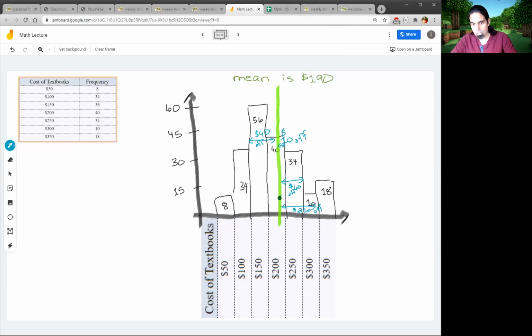The 350s, they're off by 260. The 100s are off by 90. And the 50s are off by 140.